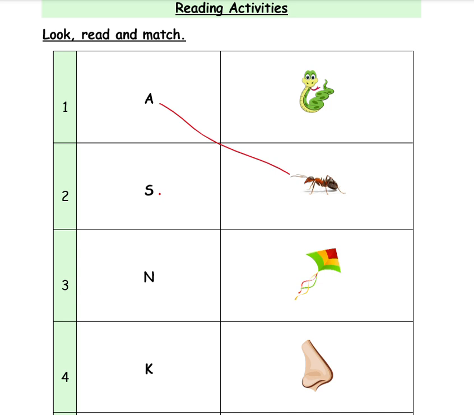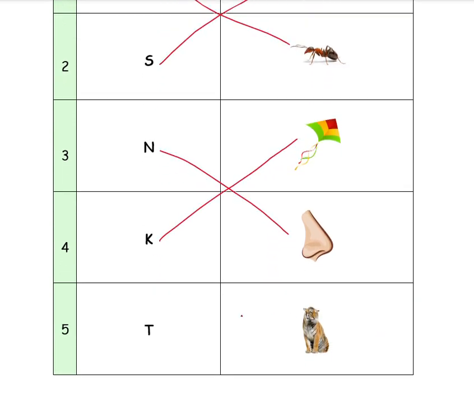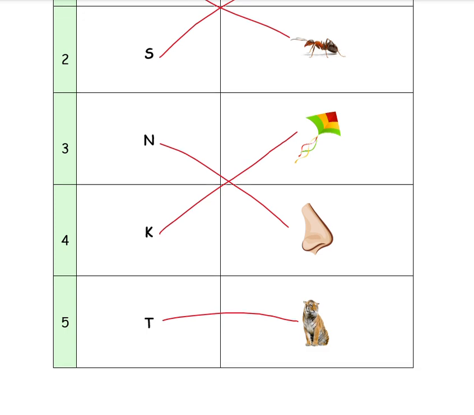S goes to snake. 3, we have N goes to nose. K goes to kite. And the letter T, as you can see, goes to tiger. That's nice.